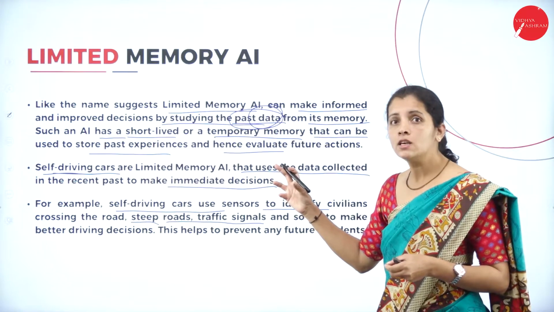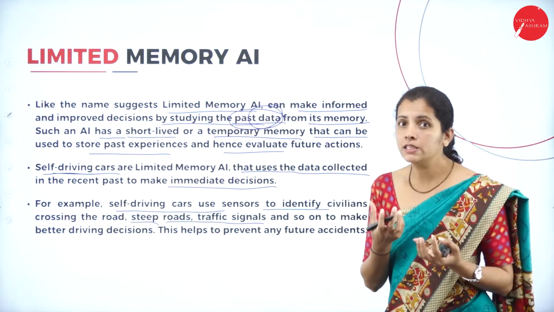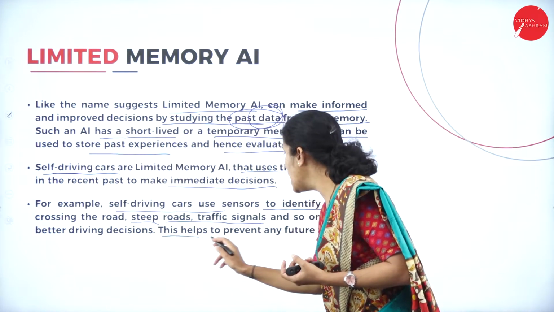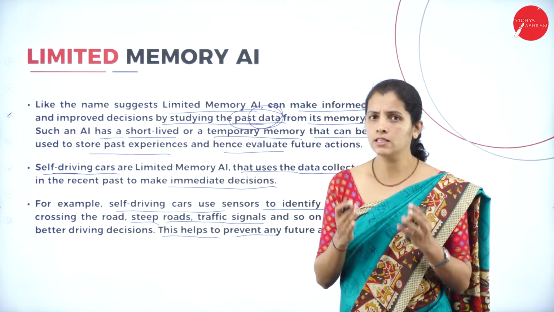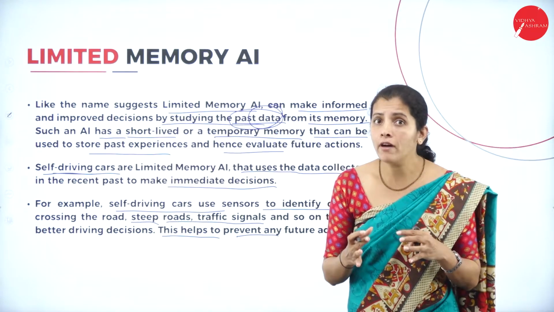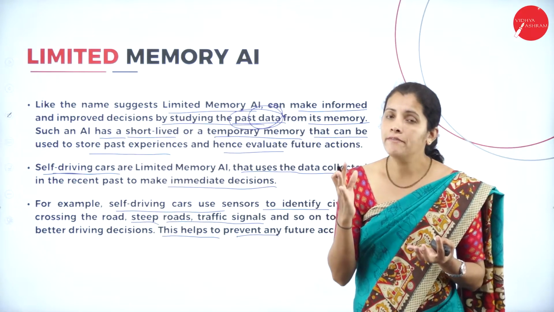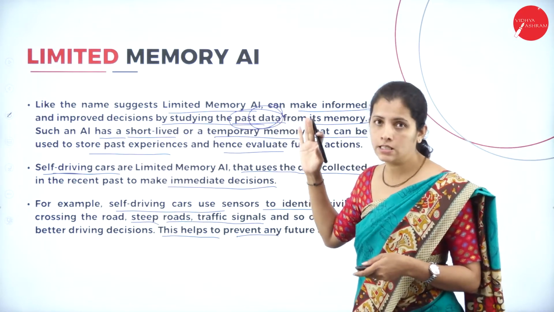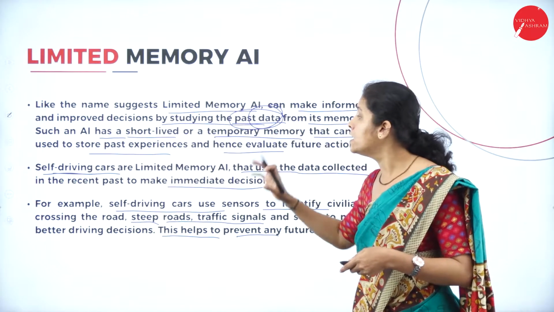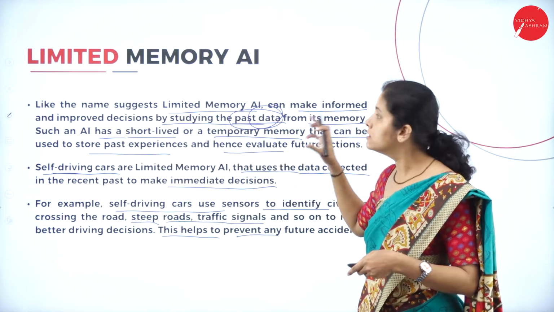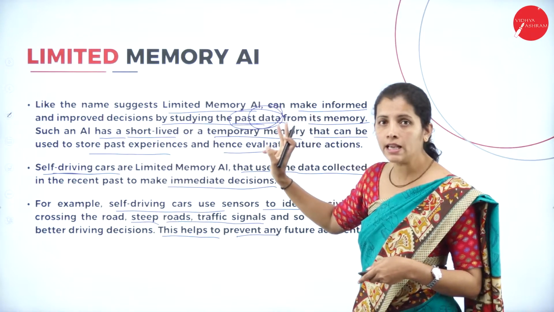With the sensors, we can capture the data or the activity, and this helps to prevent any future accident. If I want to avoid future accidents, then the self-driving car must have past data. Based on the past data, it takes an immediate decision. The best example for limited memory AI is the self-driving car.